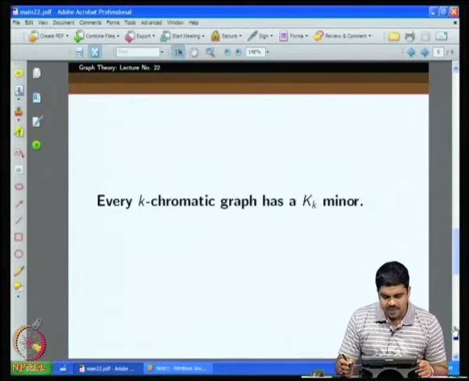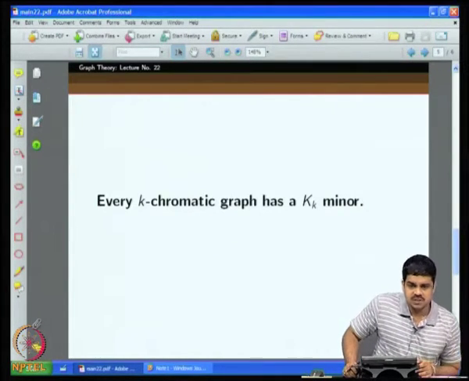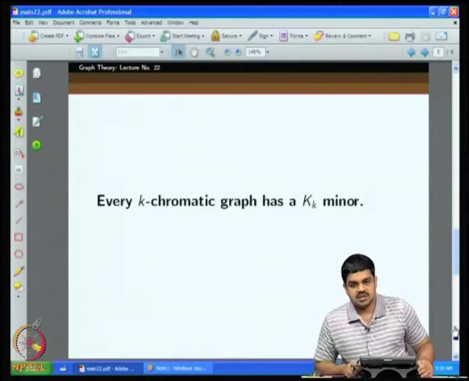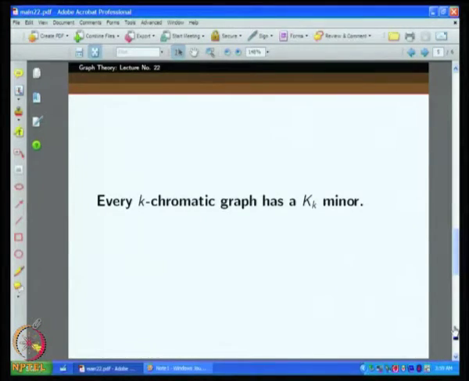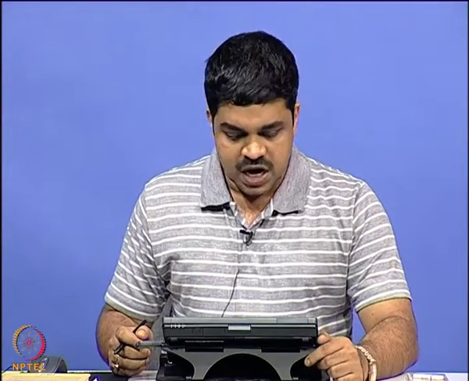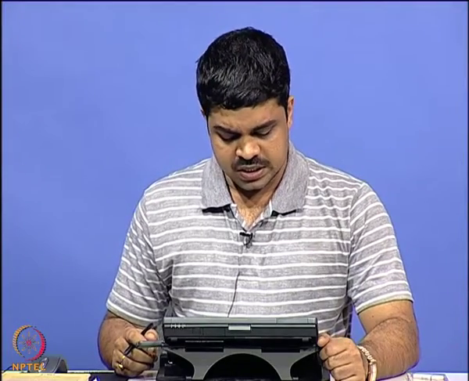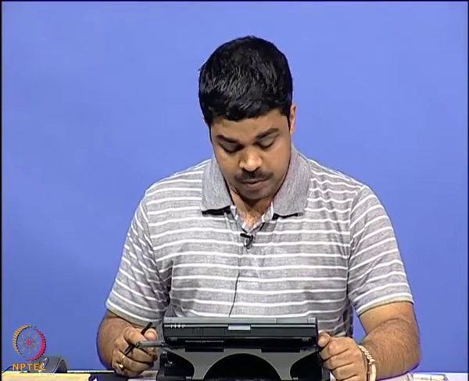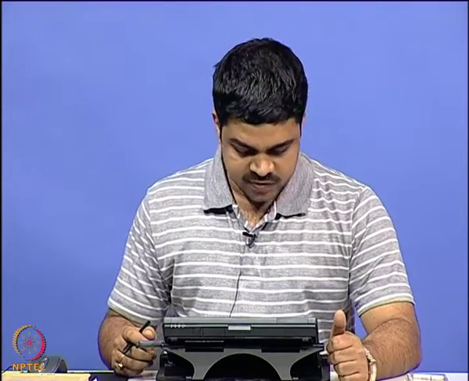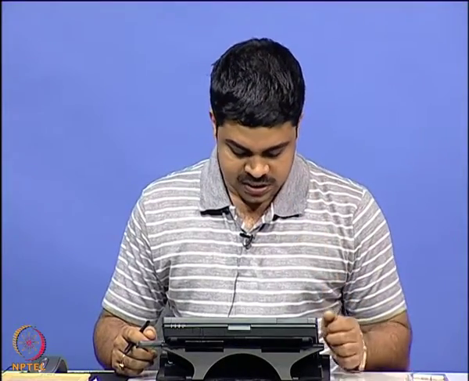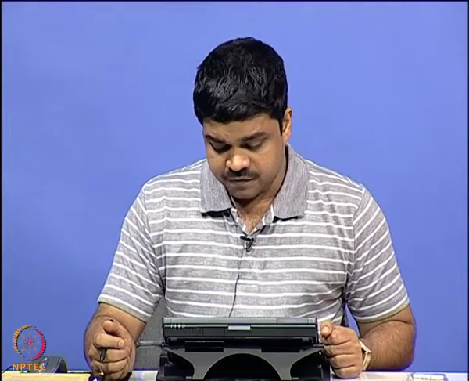This problem is probably one of the most important open problems in graph theory, and it is called the Hadwiger conjecture. It is very important because it tries to generalize the famous 4 color theorem for planar graphs, right. Several people have already worked on this, and it is known to be a very tough question. So, this is the statement: every k chromatic graph has a K_k minor.